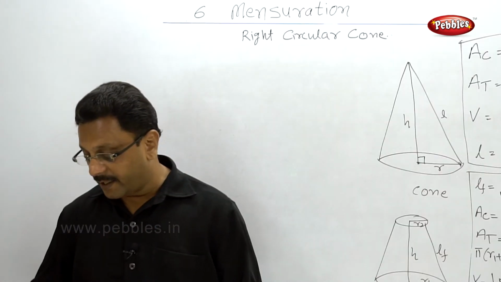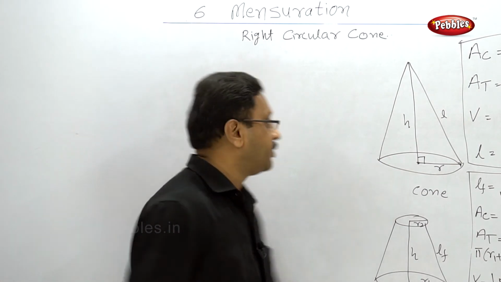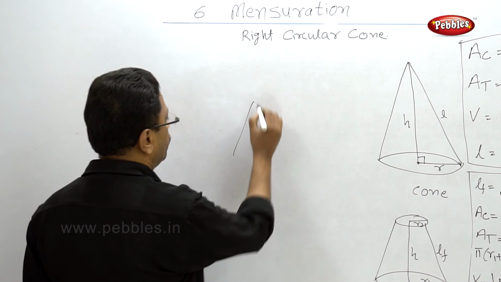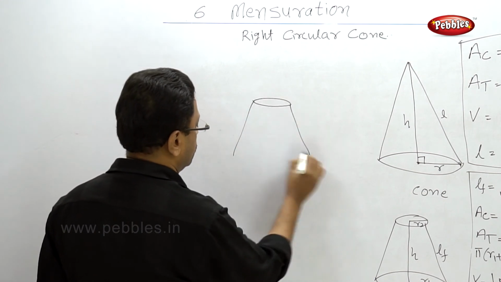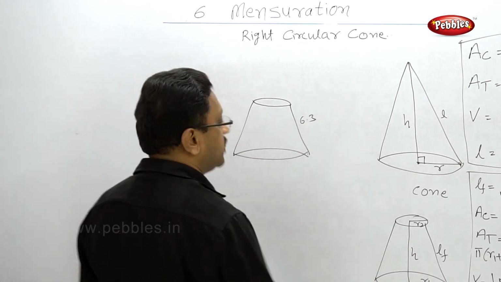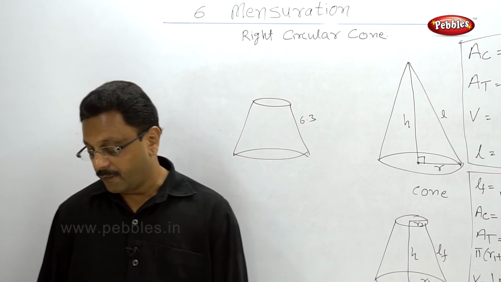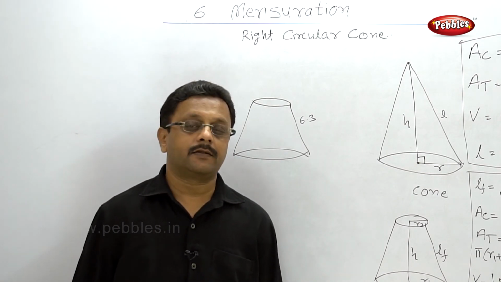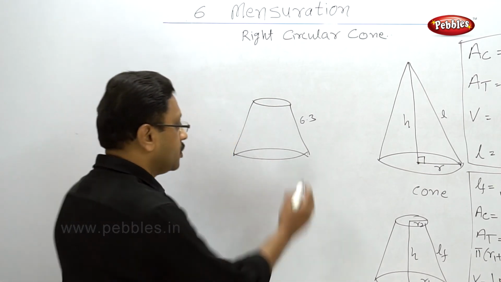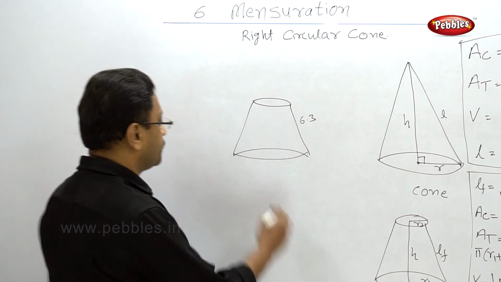The slant height of a frustum of a cone is 6.3. Now let us see the frustum. The slant height is given as 6.3, and the perimeters of its circular bases are given as 18 and 6.